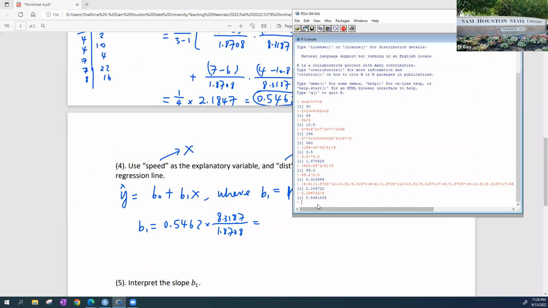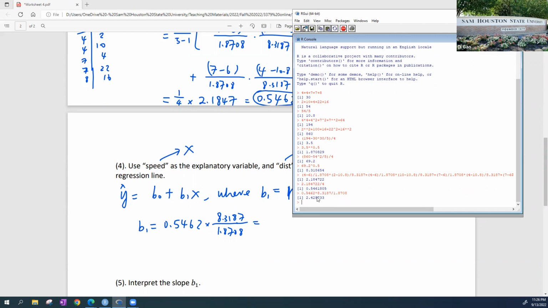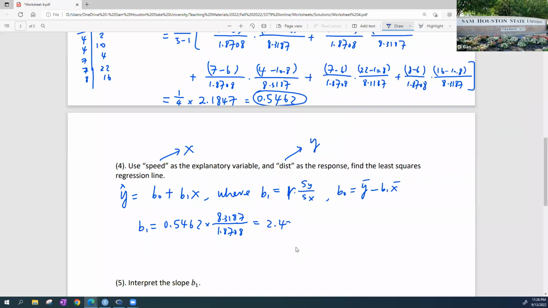So let's calculate 0.5462 times 8.3187 divided by 1.8708. So we got 2.4287. That's our b1. So b naught is y bar minus b1 x bar.